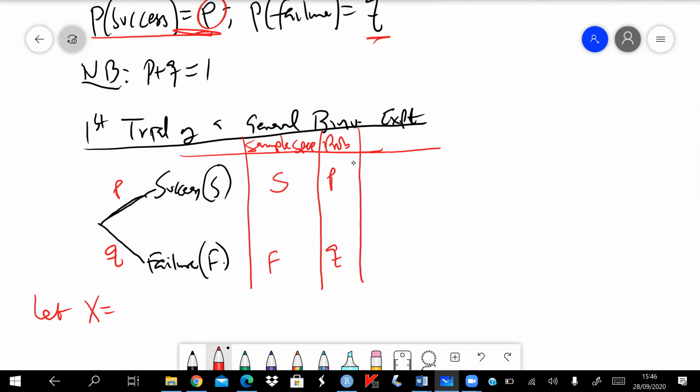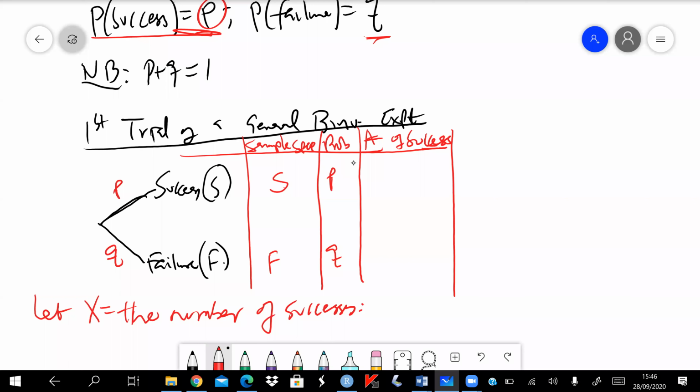Let X be the number of successes. So that's our variable of interest, X, the number of successes observed. I just need to count the number of S's. So here we have one S. Here we have no S, so 0. So the number of successes when you have one trial is either 1 or 0.